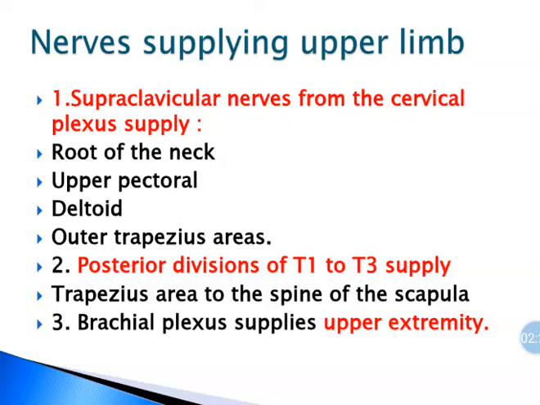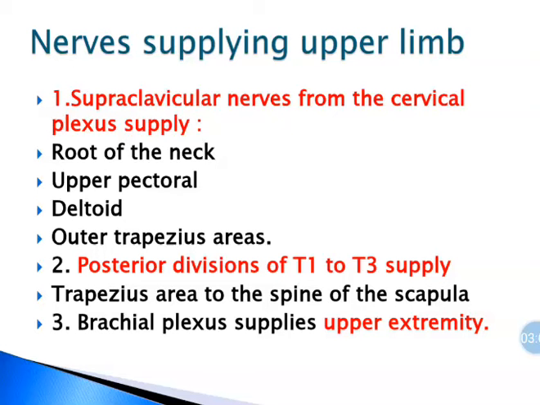So, cervical plexus supplies the root of neck, upper pectoral region, deltoid region and outer trapezius region, that is on the back. So supraclavicular nerves that arise from cervical plexus give nerve supply to root of neck, upper pectoral, deltoid and outer trapezius.